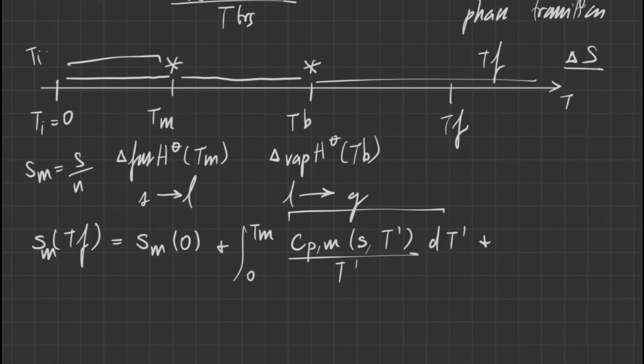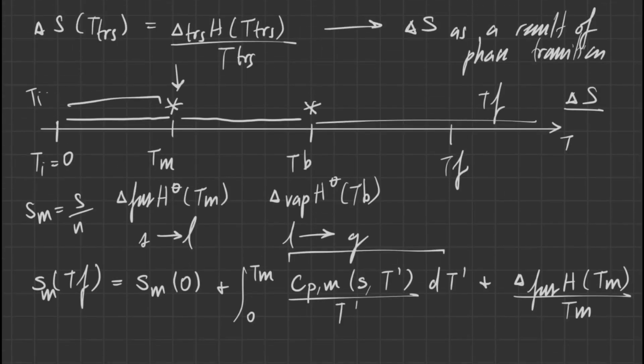So now we need the change in entropy from here. So this is equal to the standard enthalpy of fusion at the melting temperature over the melting temperature. So that's that.